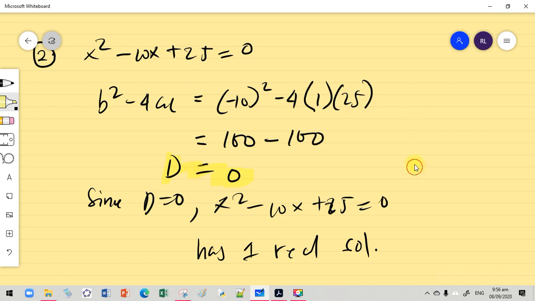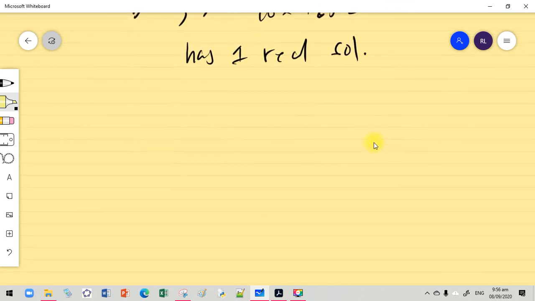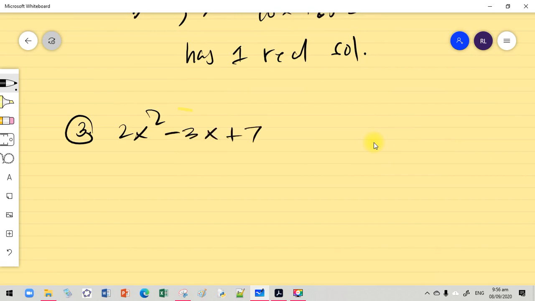Number 3, probably the last. We have 2x squared minus 3x plus 7 equals 0. So we have b squared minus 4ac, this is our discriminant.